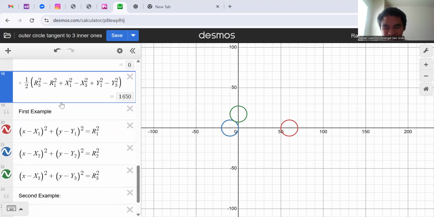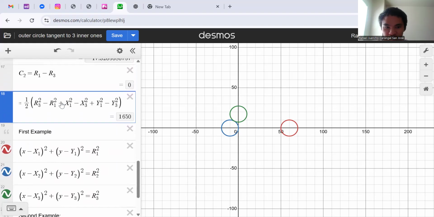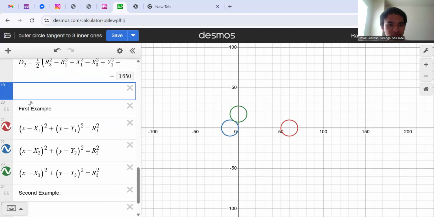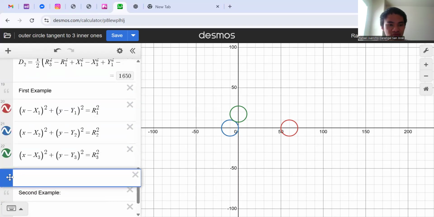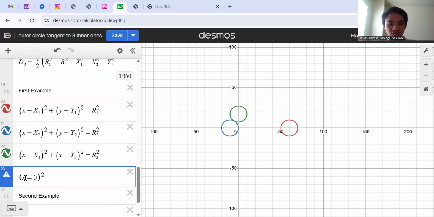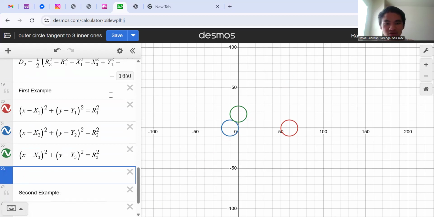So I might just leave it in the notes for now. I'll leave it here. But my answer basically, after the manual solving, is x minus something, y minus. Let me just quickly go here.